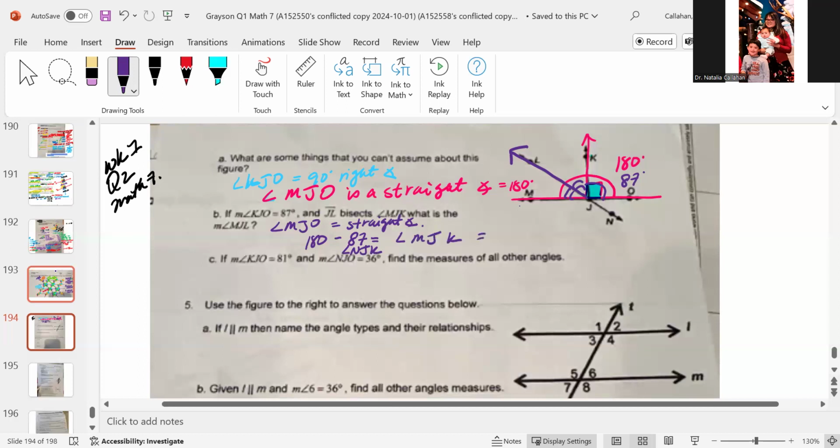So what's 180 minus 87? 93. Yeah. And then since this bisects that, 93 divided by 2 is going to give you angle MJL. So what's 93 divided by 2?